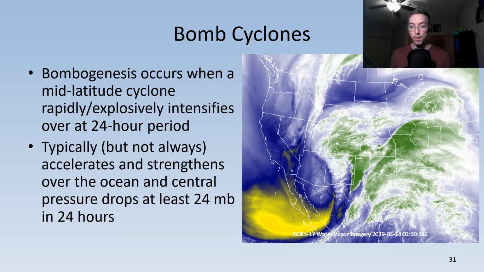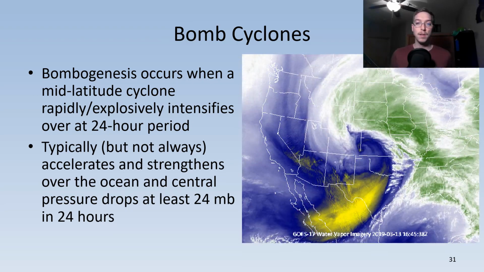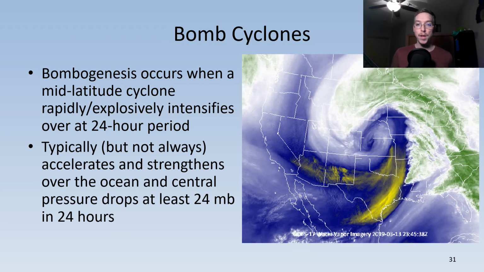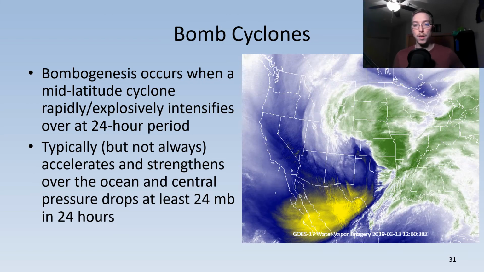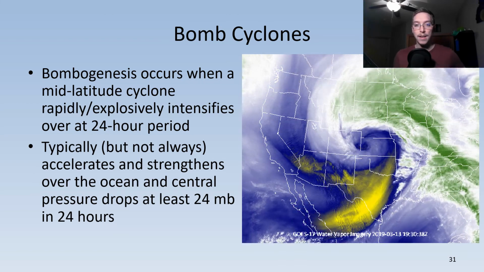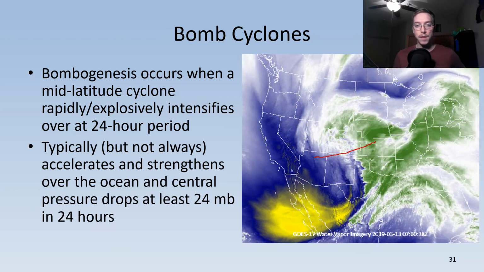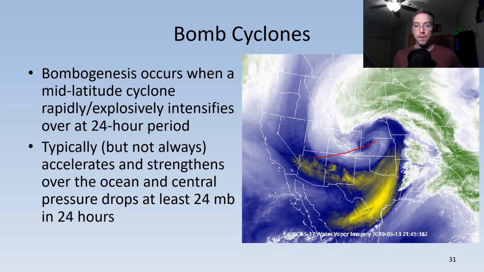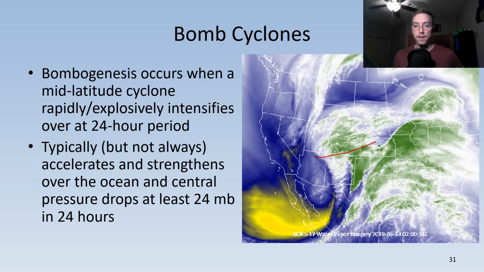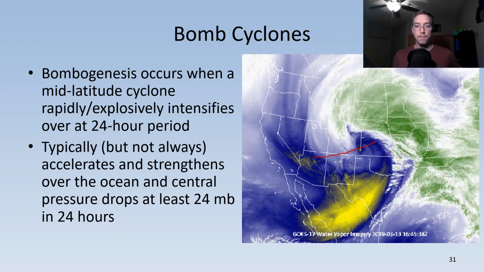We see an example of one that was moving across the southern portion of the country in mid-March of 2019, kind of taking this path here, if you can see my map there. So you'll see it come into view right there. So that system kind of pushes up. Apologies.